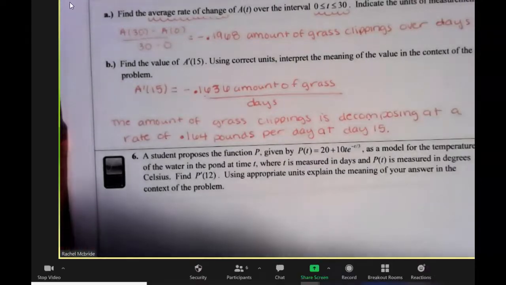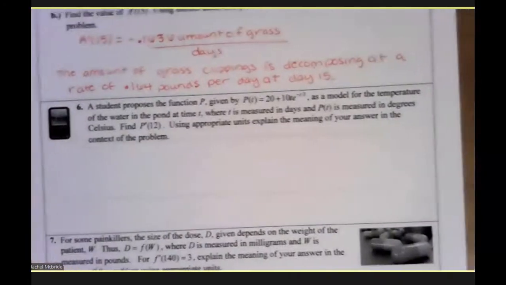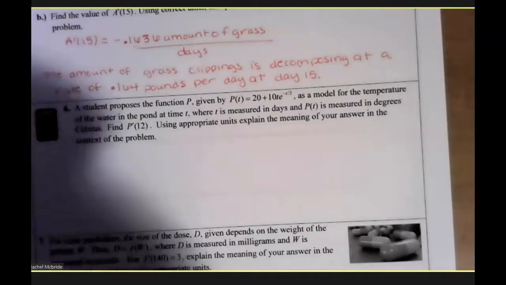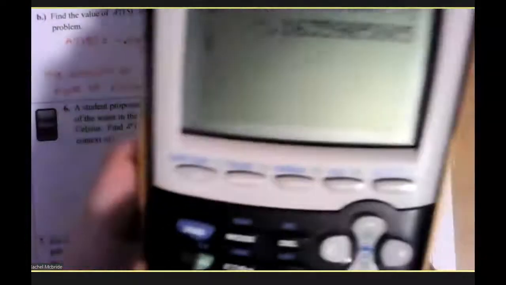So, if you're still with me, a student proposes the function p given by p of t as a model for the temperature of the water in the pond, where t is measured in the number of days and p of t is measured in degrees Celsius. Find p prime 12 using the appropriate units to explain your answer. So again, p prime of 12 is relatively easy.